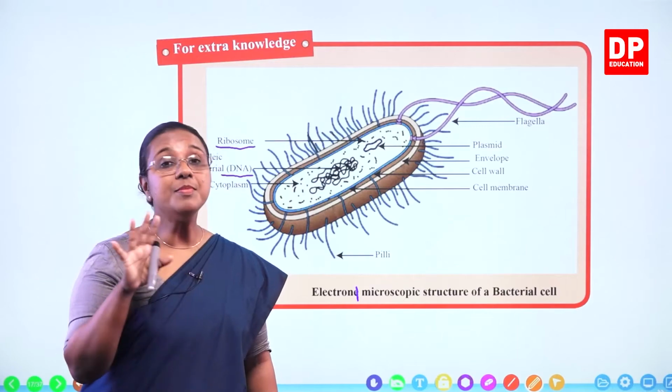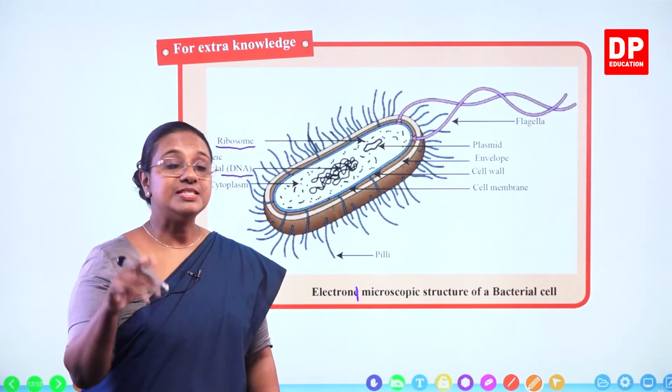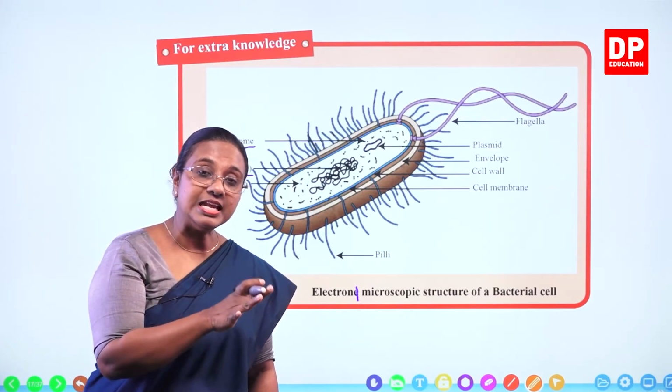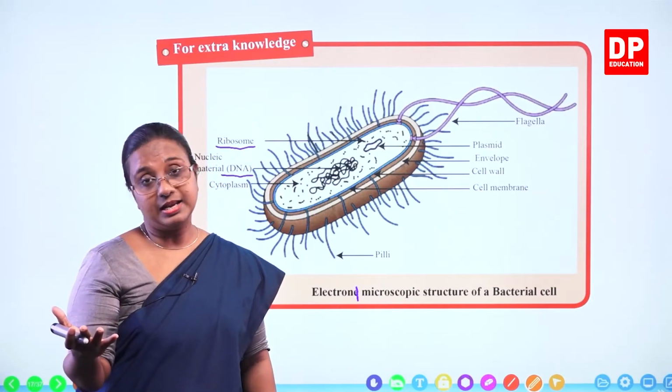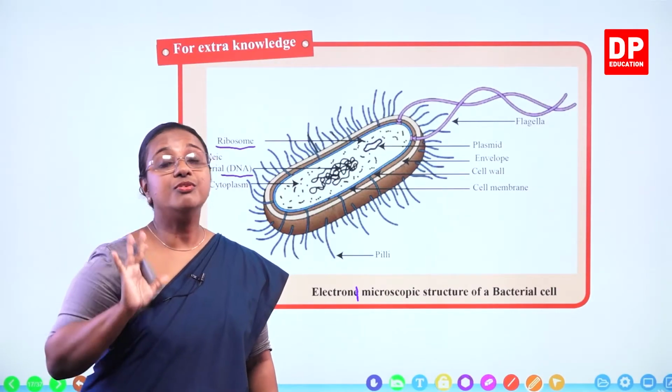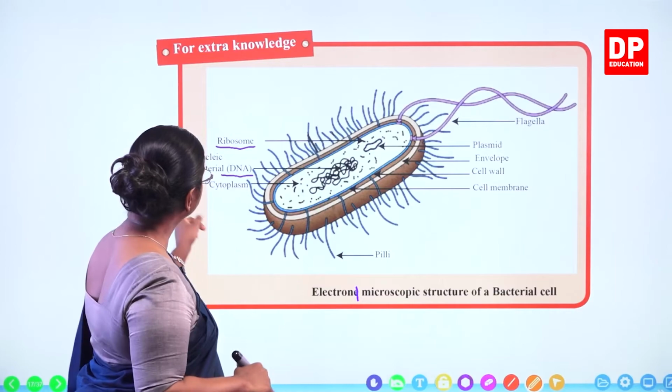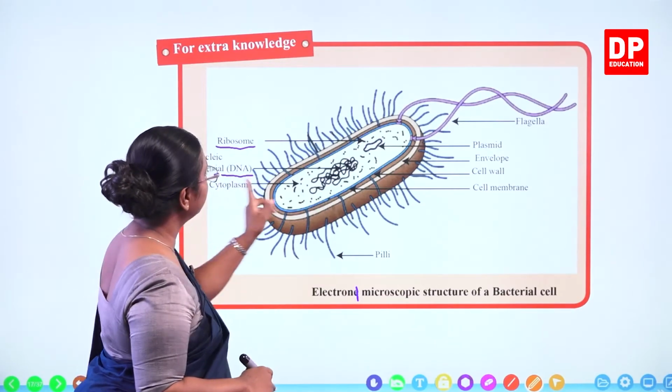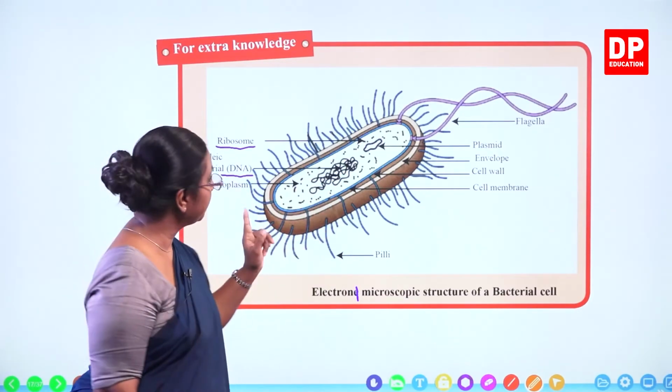But in some bacteria, we said there can be either DNA or RNA. So you all have to remember that. So here also there is DNA shown to you, but that is the nucleic material.